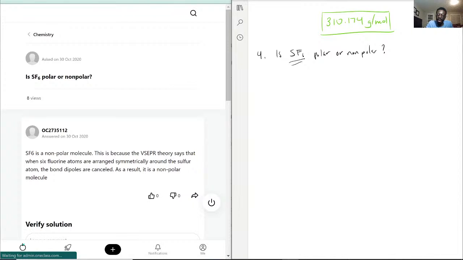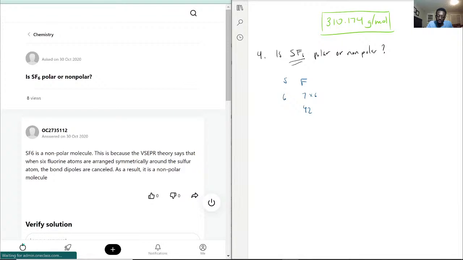So let's just start with how many electrons they have in total. We have first sulfur, okay, and sulfur likes to have 6 electrons. And fluorine likes to have 7 electrons, but there's 6 of them. So in total, we'd have 42 from this side.